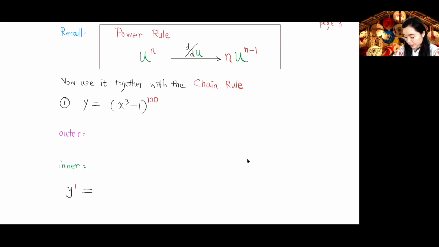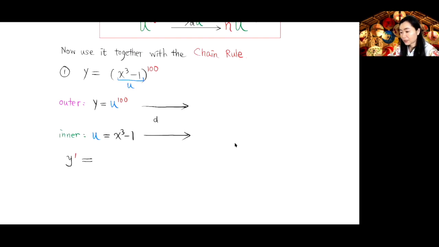Okay, so let's think about this. It's the inner function u, right? Okay, so u to the 100. So the inner function will be x cubed minus 1. We're going to use the chain rule to differentiate. Now, since the outer function is y equal u to the 100 power, think about this as the inner function u.